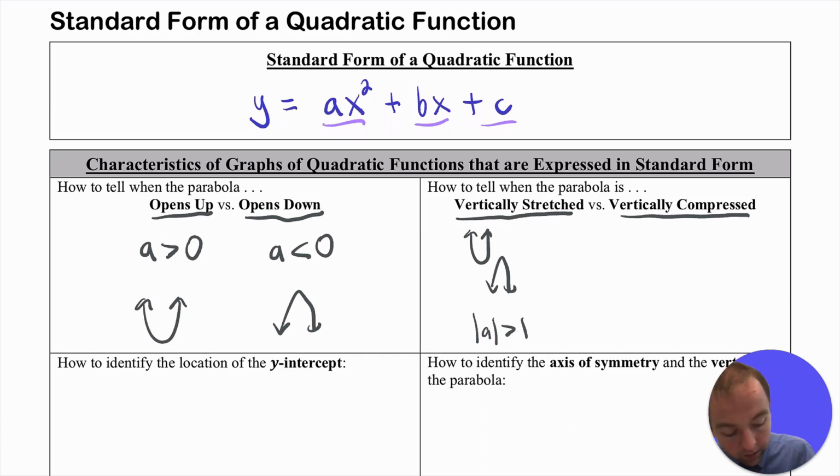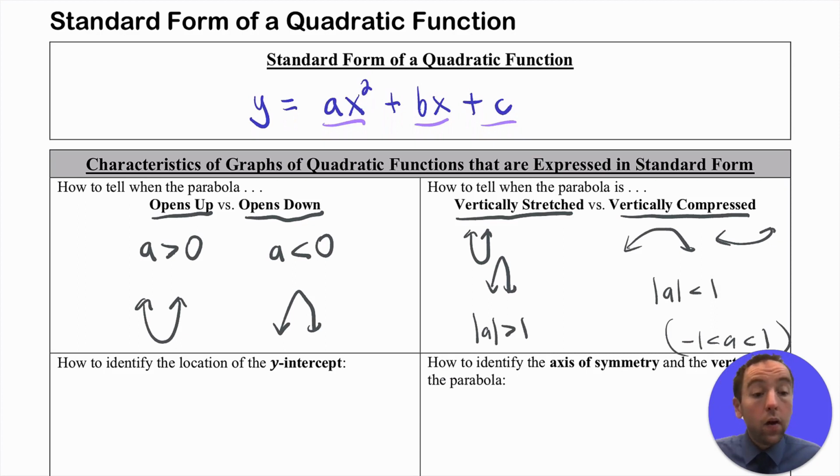And then your graph will be vertically compressed, so in other words, a little bit wider than normal, whenever the absolute value of a is less than 1. So again, that equivalently means that your a value is between -1 and 1, as long as a is not equal to 0. So that's the same thing as we've seen before.